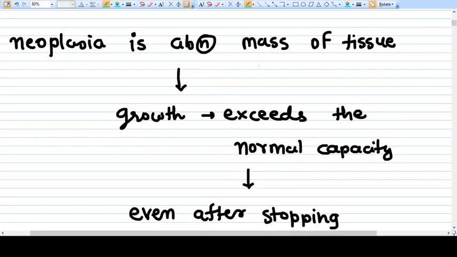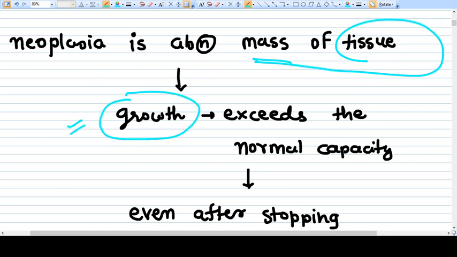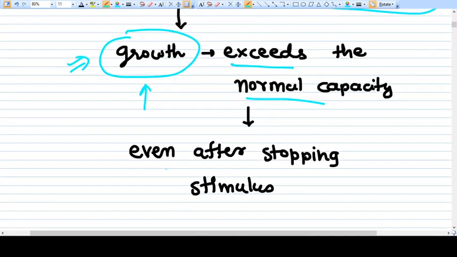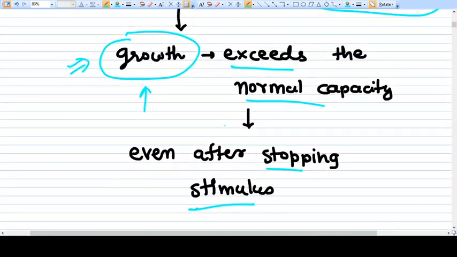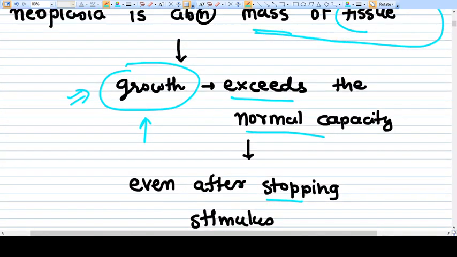Neoplasia is an abnormal mass of tissue which is growing, the growth which exceeds the normal capacity even after stopping of the stimulus, growth stimulus. So we have a growth, but this growth is not normal.